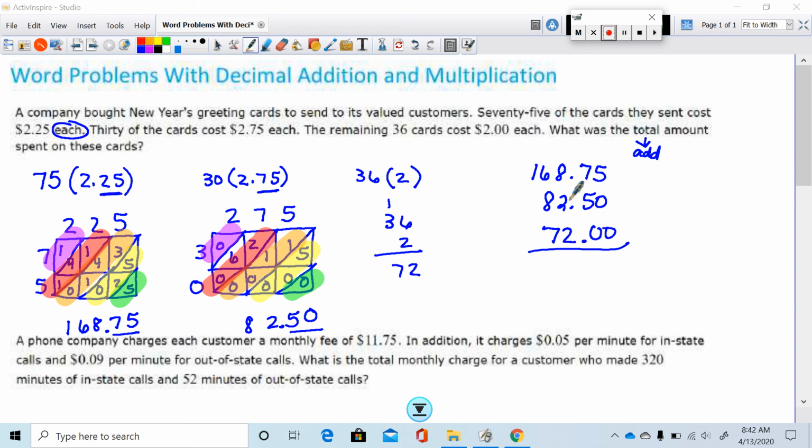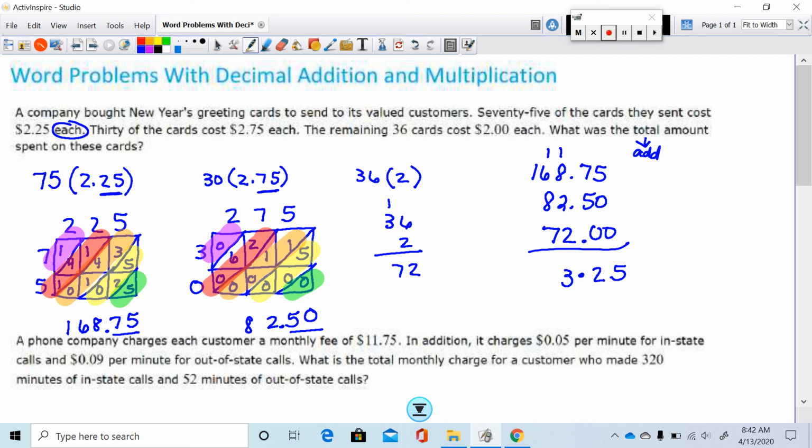The reason I put these off to the side is because now we have to add all these. Now you want to keep your decimals lined up, so I'm just bringing the decimal down. 5 plus 0 is 5. 7 plus 5 is 12. Carry the 1. 8 plus 1 is 9. Plus 2 is 11. Plus 2 is 13.